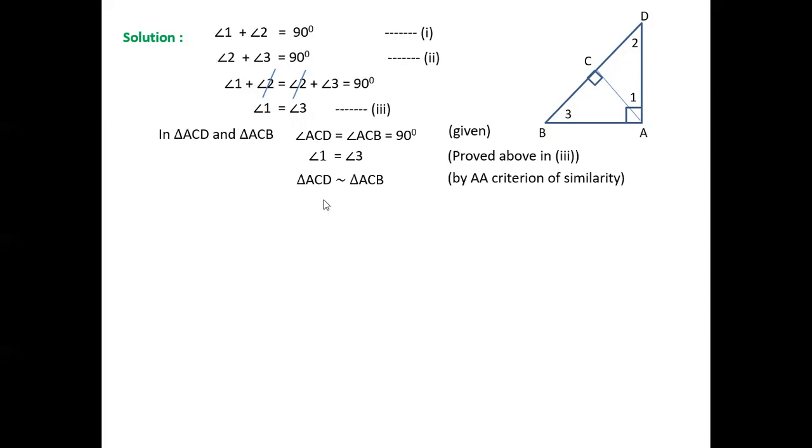Because these two triangles are similar, the ratio of the sides must be equal. Now angle 1 and angle 3 are equal. So for angle 1, take the side in front of it: CD upon the adjacent side AC, opposite upon adjacent.